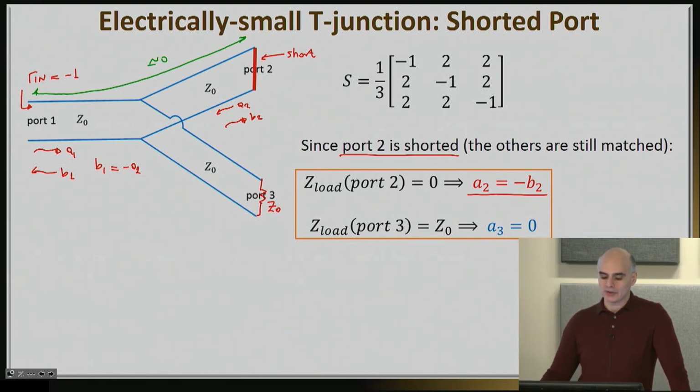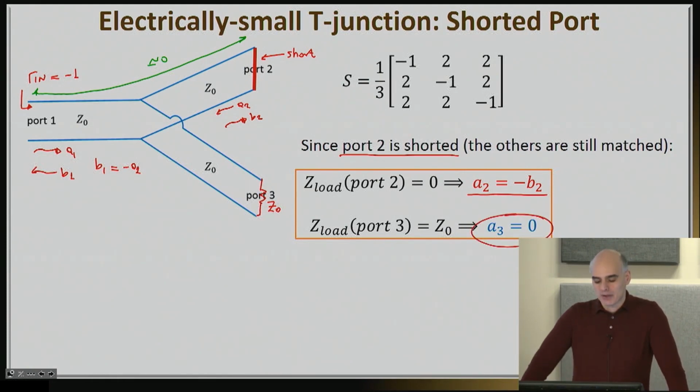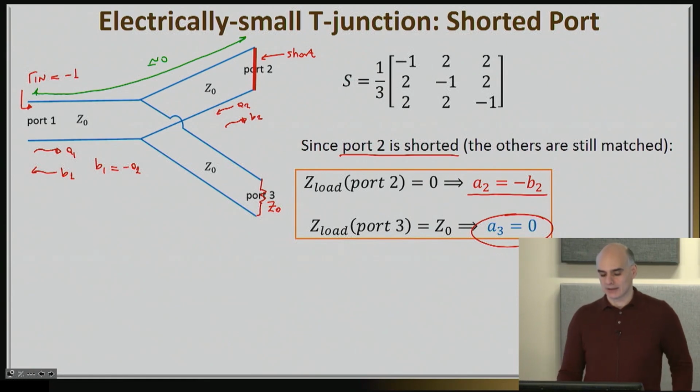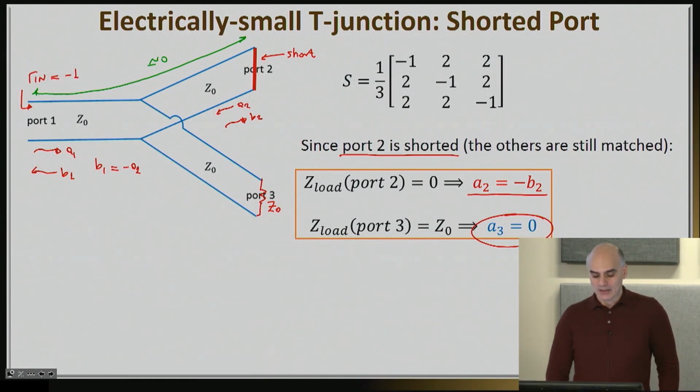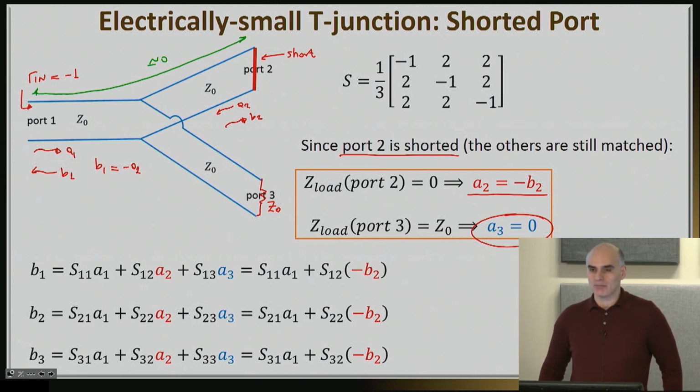Now, if I look into port number 3, nothing changed from what I had before. That basically means that A3 is equal to 0 because that port is terminated to its own characteristic impedance. So I can go ahead now and write my S matrix equation in its full glory, which you will see here.